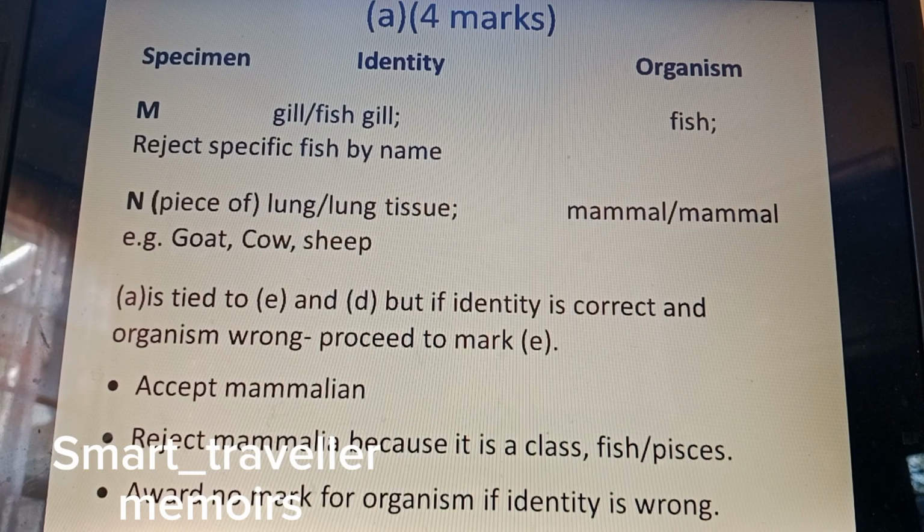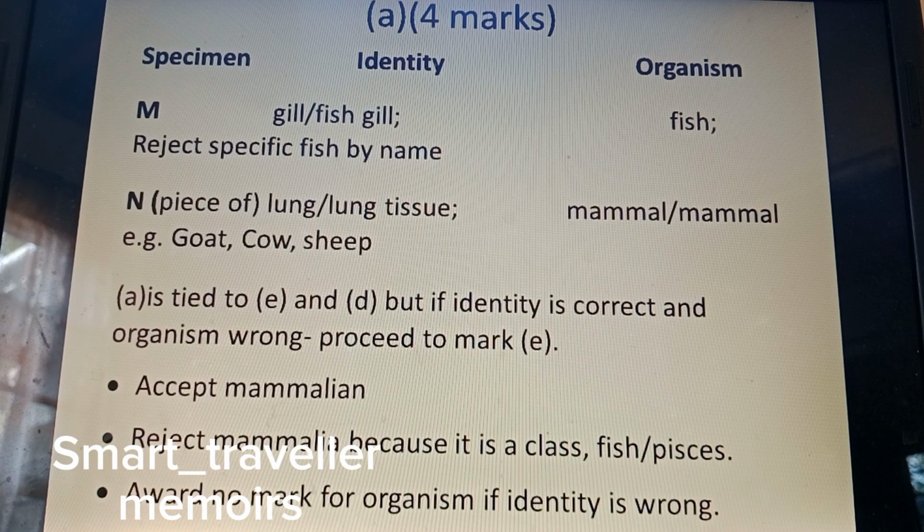See, there are technicalities in marking. That's why you find people in paper 3 have issues, and they need to be trained by an examiner to know the tricks. Accept mammalian instead of mammal. Reject mammalia because it is a class.